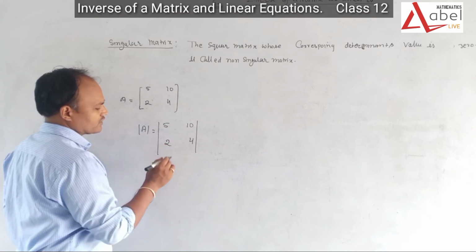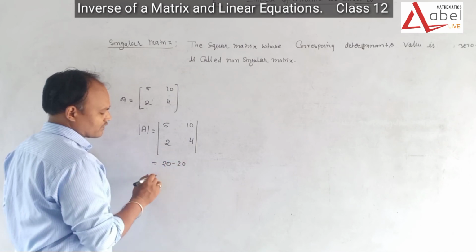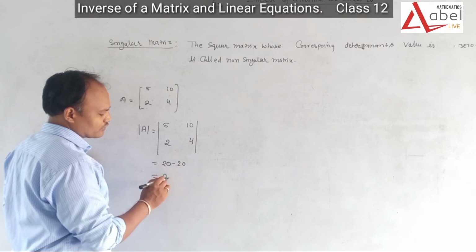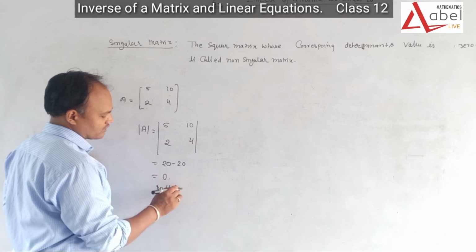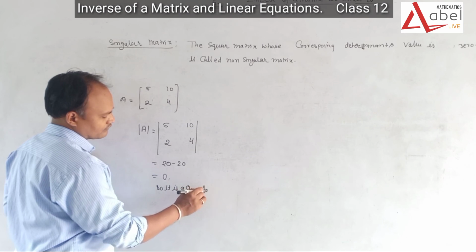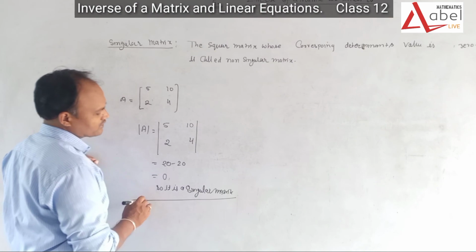So we can say that it is 20 minus 20. 20 minus 20, it is 0. So we can say that it is a singular matrix.